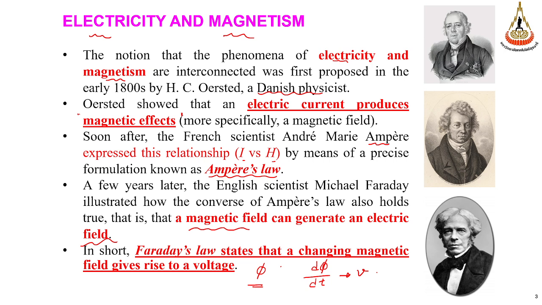Okay, you get the voltage. If the flux is constant, there's no voltage there. If you just take the magnet and we don't move it, there's no current, no voltage. But if we move it, we get voltage. You have learned about this, right?